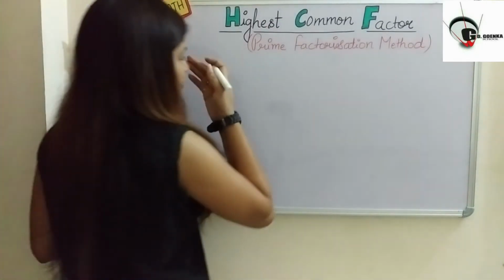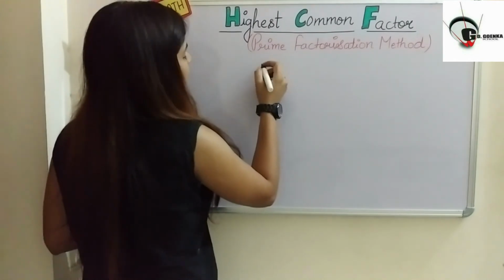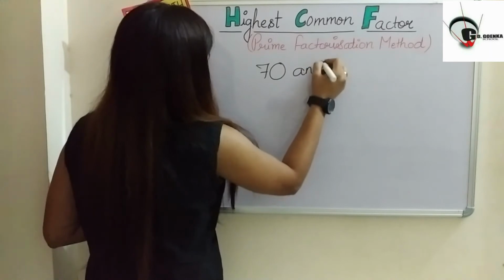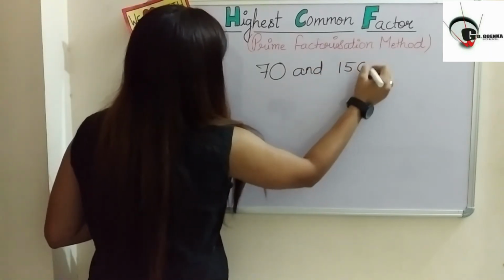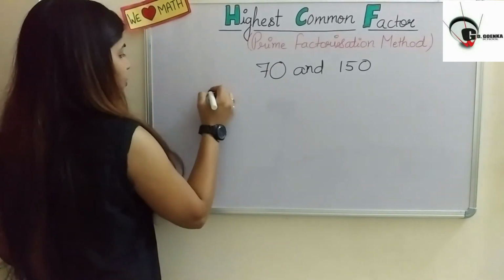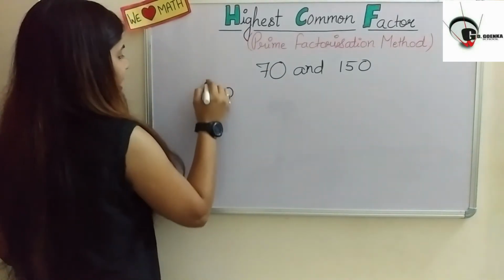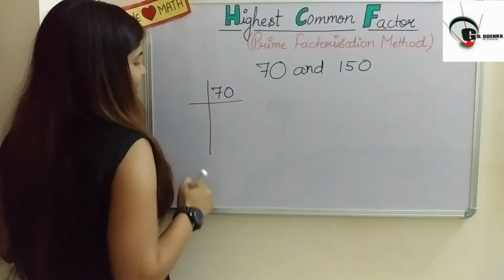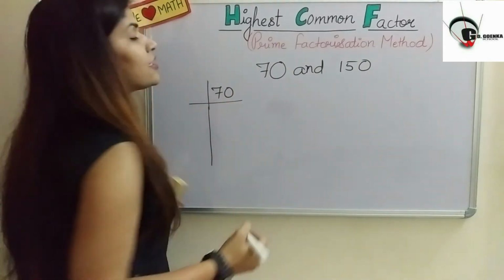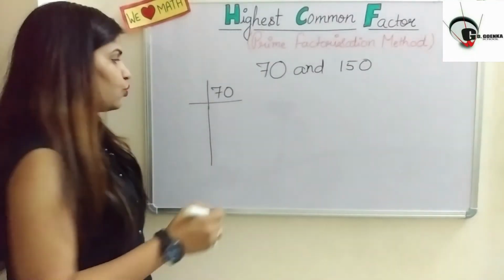So I am taking the numbers 70 and 150. Again, we will prime factorize 70 by this method. First of all we will check with the smallest prime number, that is 2.